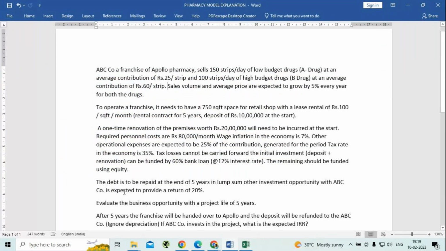Next, it requires personnel costs of rupees 80,000 per month. That is nothing but the salary expenses.